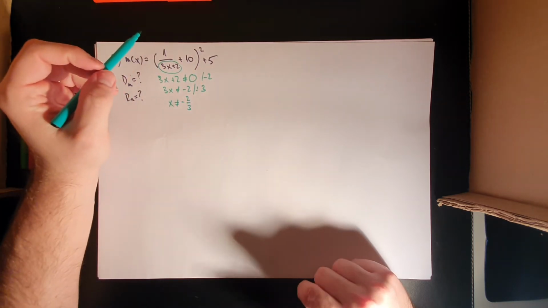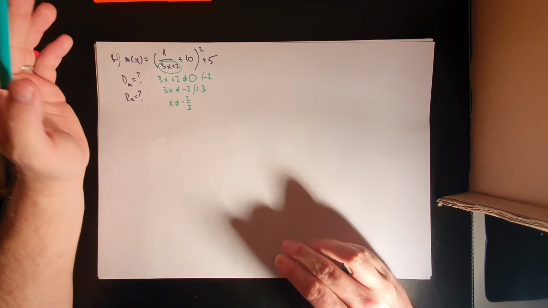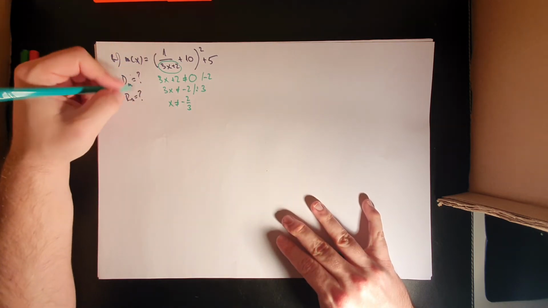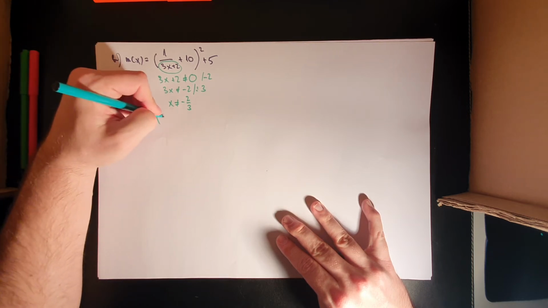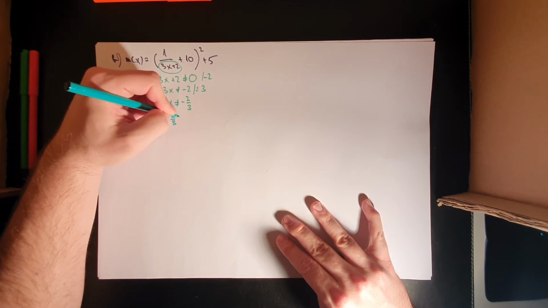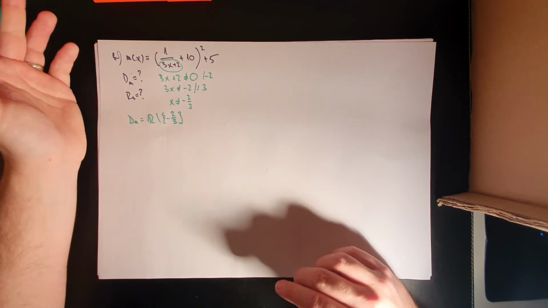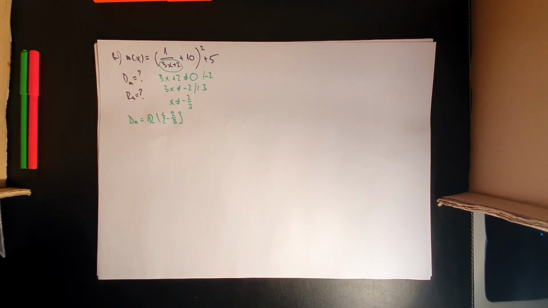This means also that any other real number is perfectly fine. So the domain of this function f is all real numbers apart from minus 2 over 3. Done. As you can see, domain isn't that big of an issue in general.